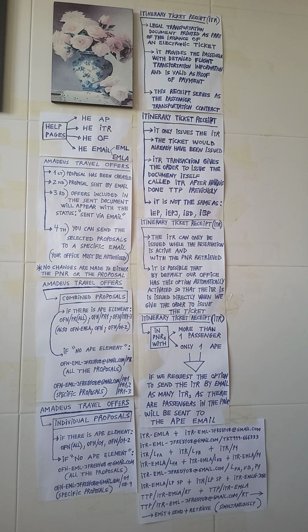The third transaction, this one, ITR-EMLN-Jose, allows sending the ITR document by specifying that it should be sent to the email address that appears in the PNR linked to the passenger name Jose.